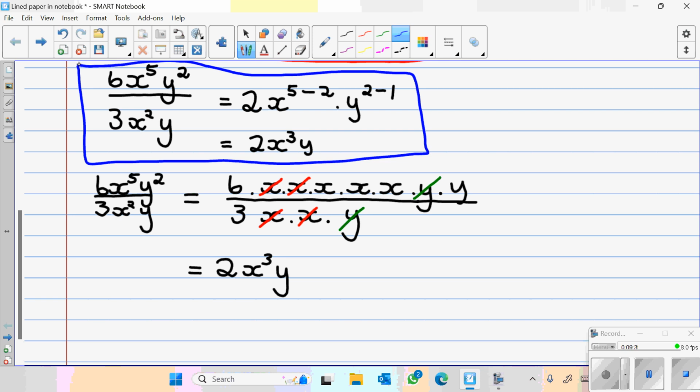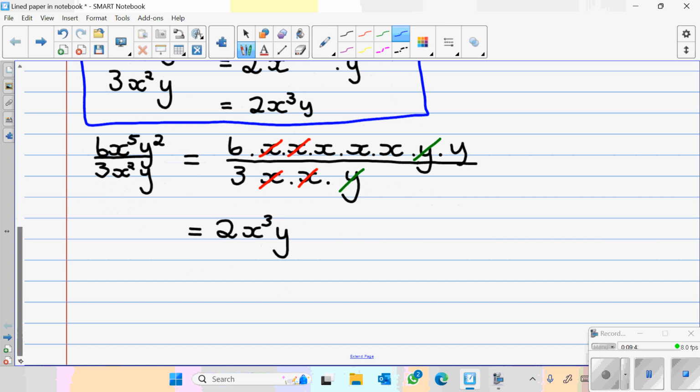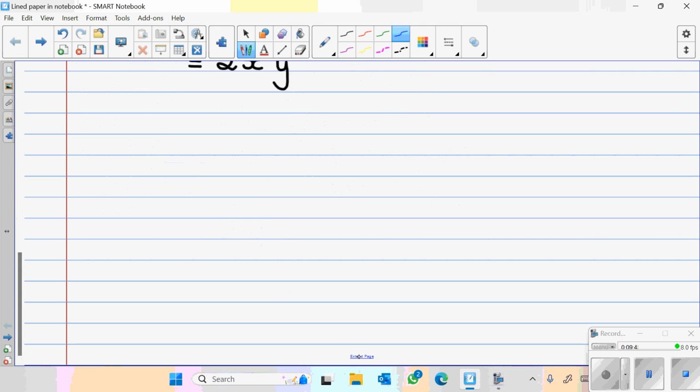Remember, the 2 laws that we covered in this video: the first law says a to the power m times a to the power of n equals a to the power of m plus n. Ground numbers are the same, the ground number stays the same. The exponents are added whenever we are multiplying between them.